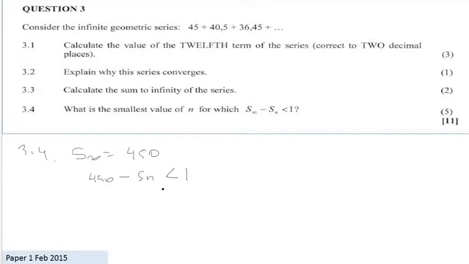To get the value of Sn, we need to bring it to the other side. So 450 less than Sn plus 1, which is the same as Sn greater than 450.